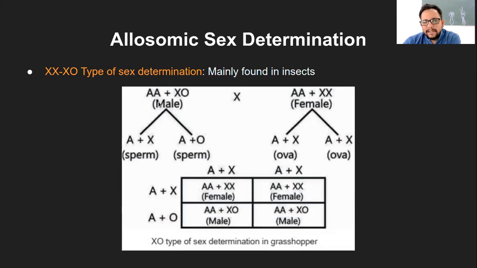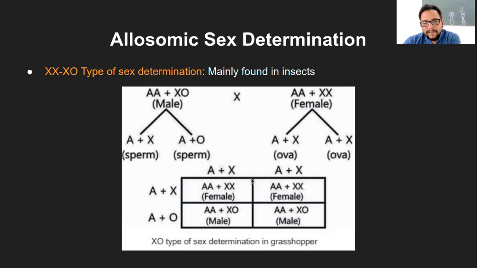Now what is the case here is the male will have only one copy of the X chromosome, and the females will have two copies of the X chromosome. O is not the sex determining chromosome. So it will be A plus X and A plus O, and A plus X and A plus X. Both are again homogametic female, heterogametic male.